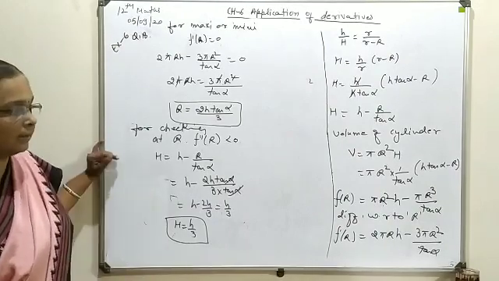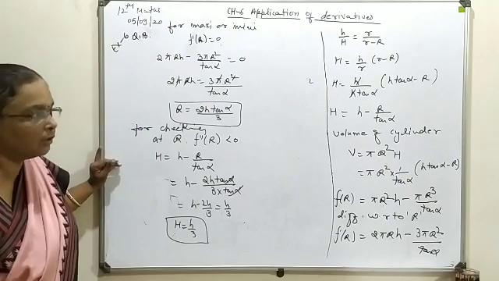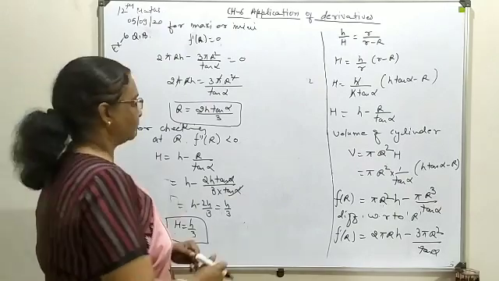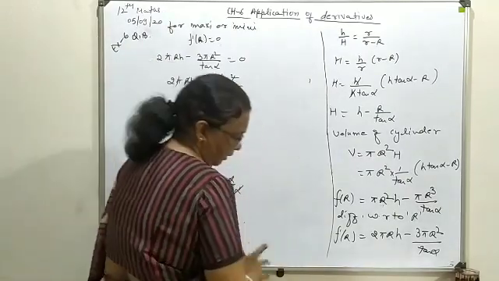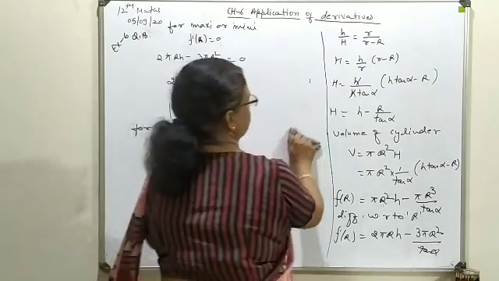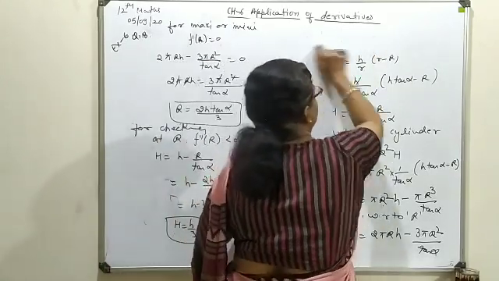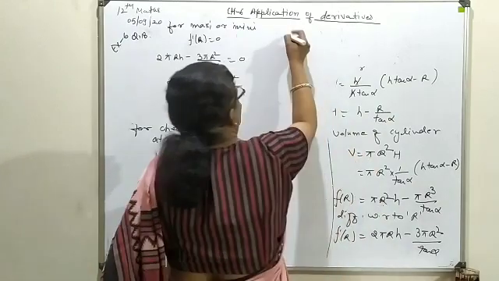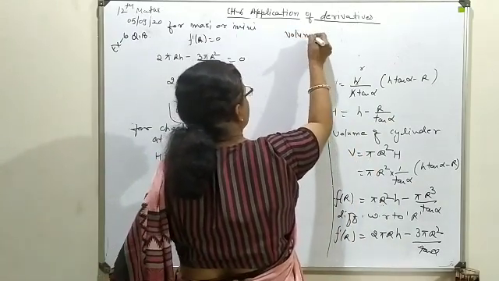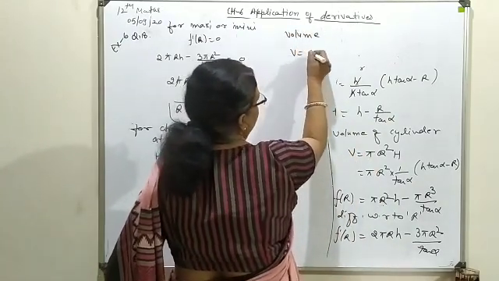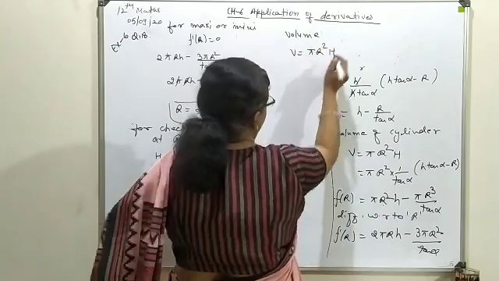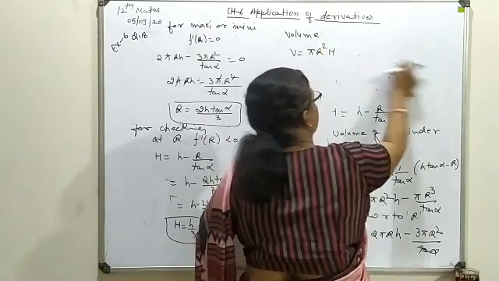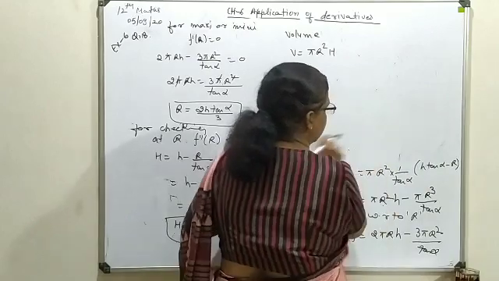Now the next and last thing remaining is the evaluation of the volume. V is equal to pi r square h. Here r and h both you will substitute.